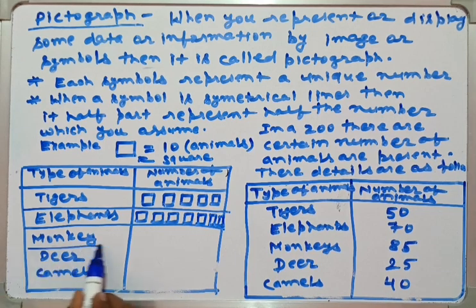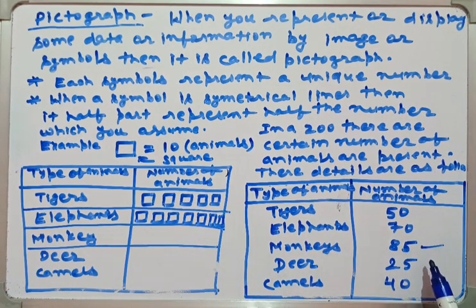Now see guys, this 85 is not divisible by 10 completely. So how could you represent it by symbol? Up to 80 there are 8 symbols. Then for 5 we represent a half symbol.